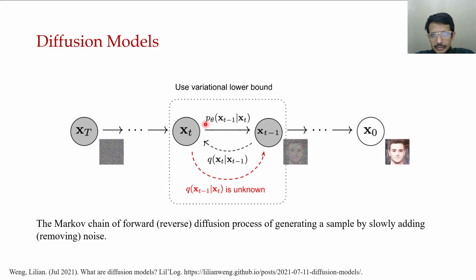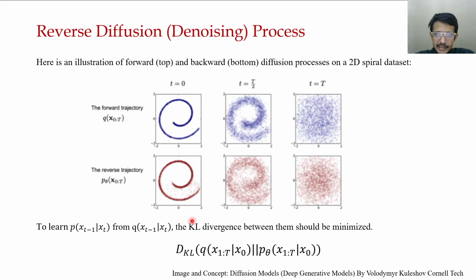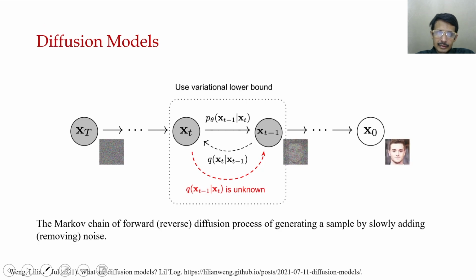We estimate it by minimizing the KL divergence between q and p theta. Okay, so this is the Markov chain of forward and reverse diffusion process, generating a sample by slowly adding or removing noise.